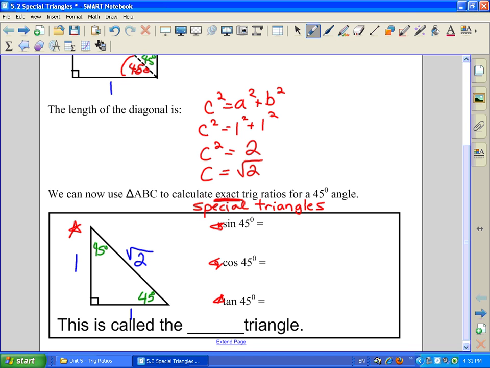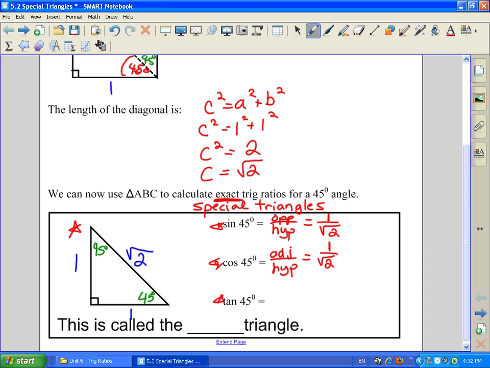Okay, so sine of 45, just remember, folks, that it's the opposite side, which is 1. I'll put it in here for you. So opposite side over the hypotenuse. So that's going to be 1 over root 2. The cos of 45 degrees, that's the adjacent side over the hypotenuse, folks. And that again is going to be 1 over root 2.